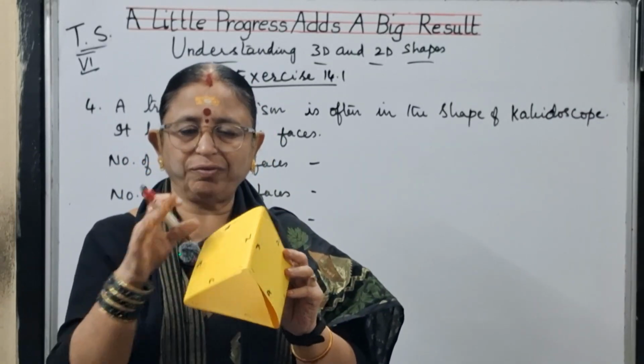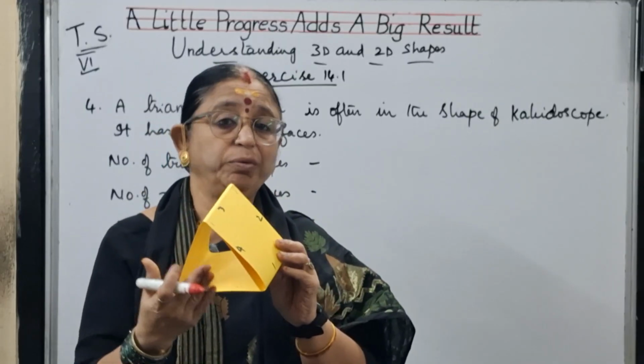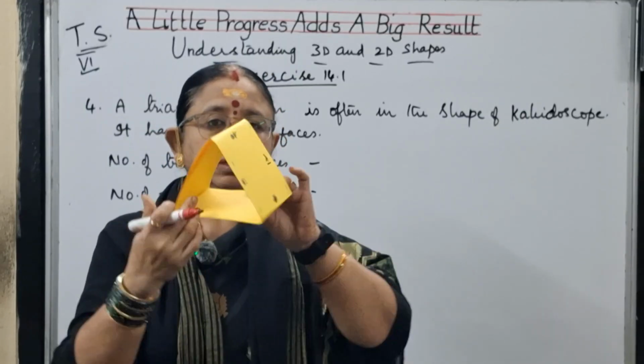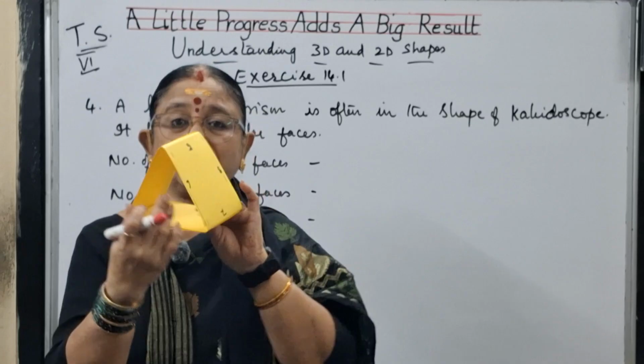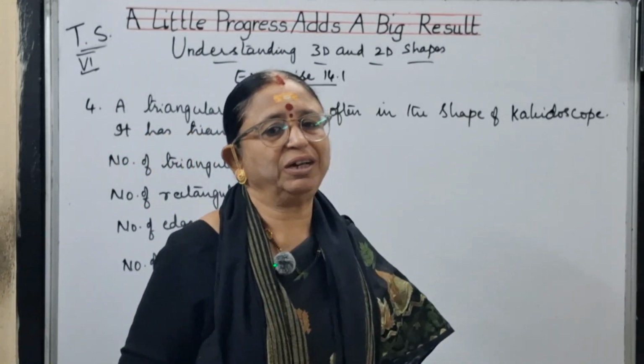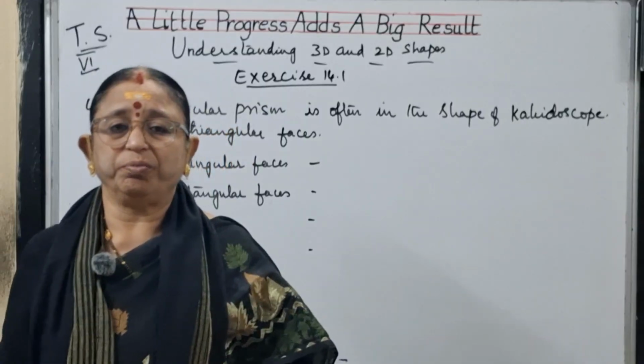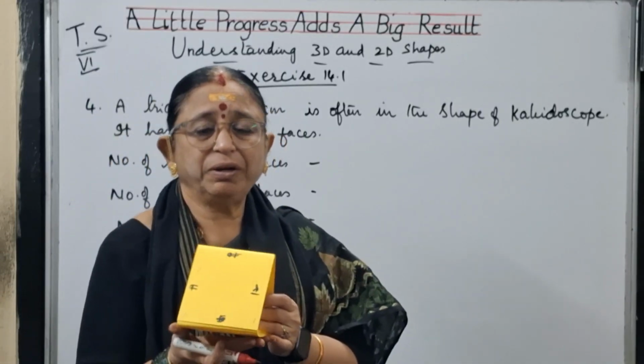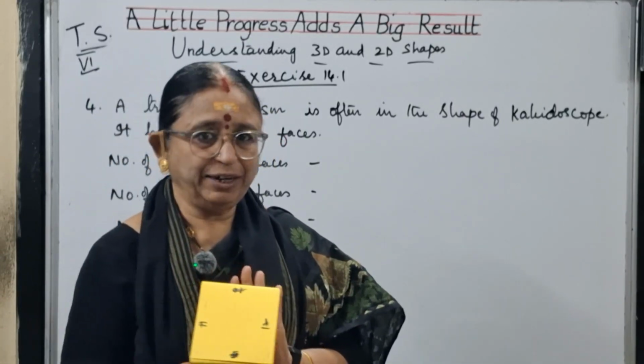So here one lens will be there, and a mirror also will be there at the back. So when you turn like this, you will be seeing different shapes inside. You know it, but you don't know its name. It is called a kaleidoscope. So a triangular prism is often in the form of a kaleidoscope.